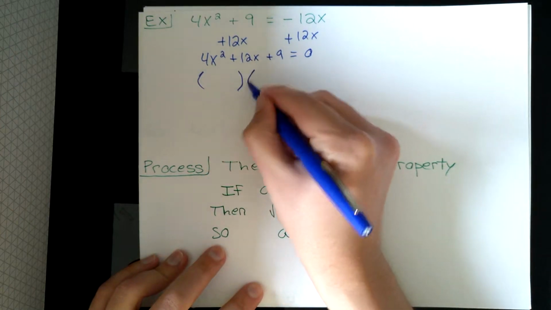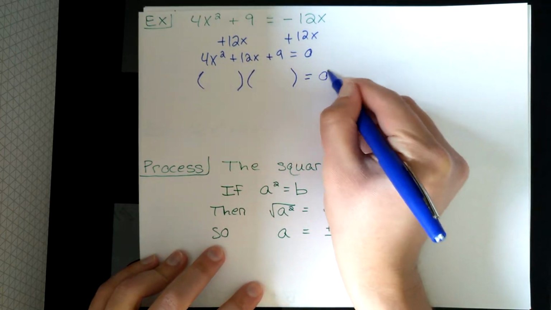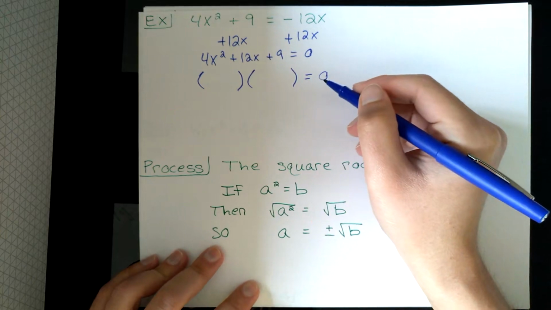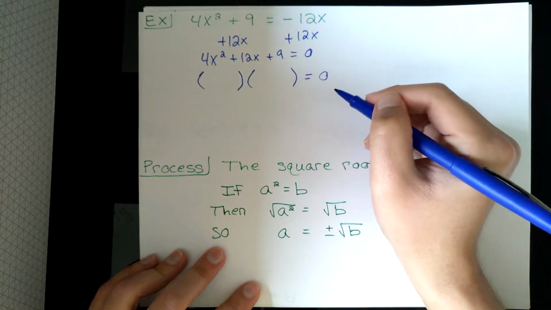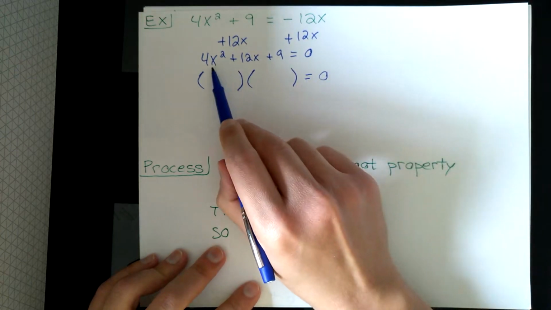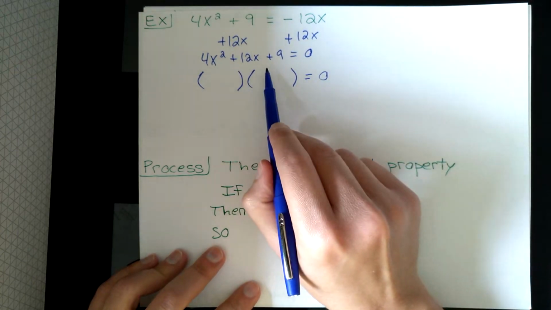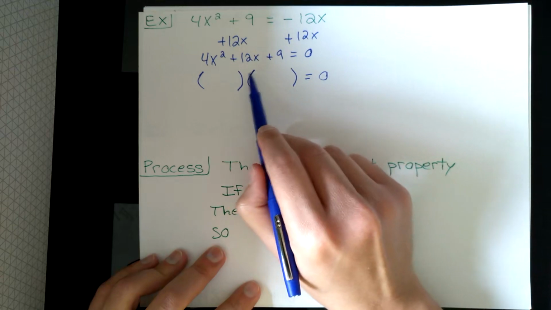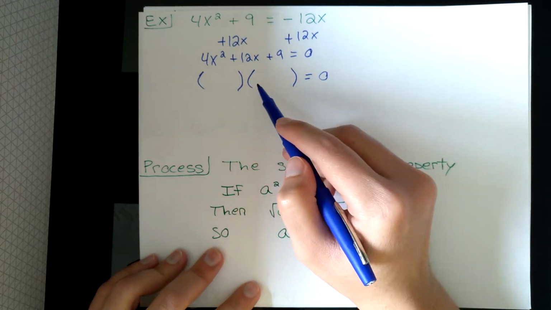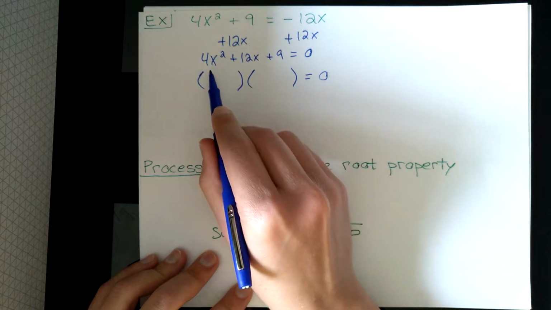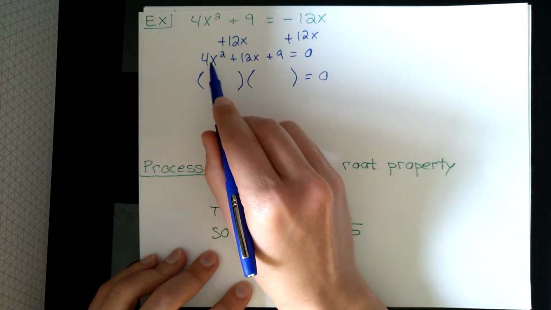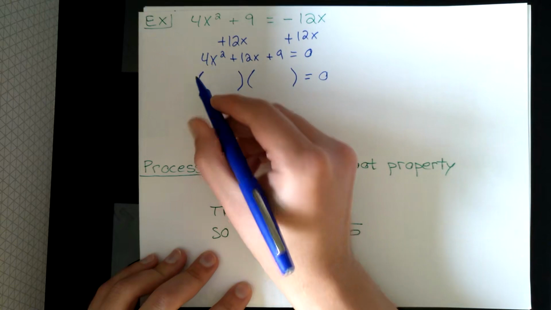You could use the middle out method for this, as it'll be a little bit more complicated than a normal factoring problem with guess and check, but this is one of our special factoring cases. It's not the difference of squares, but it does simplify pretty easily. The way this works is we need two numbers that multiply to give us 4x squared.